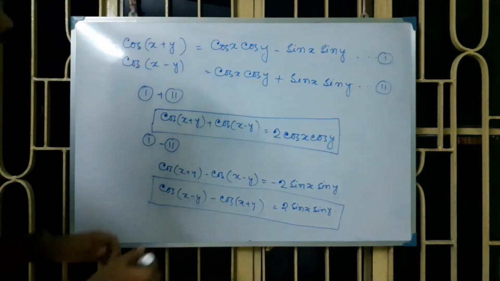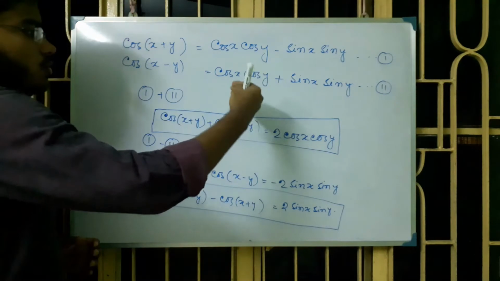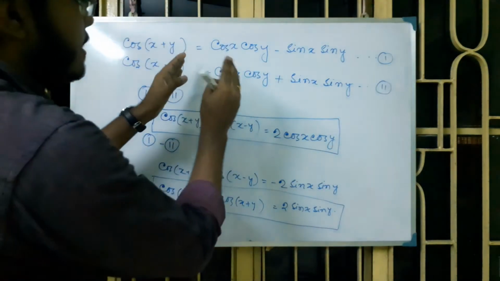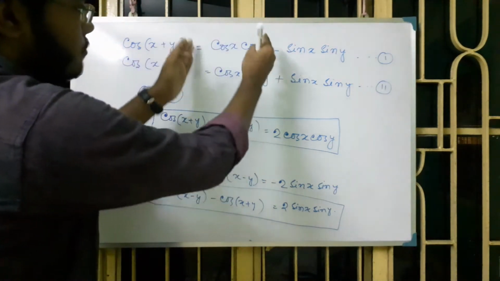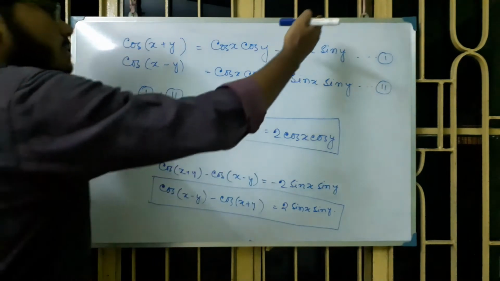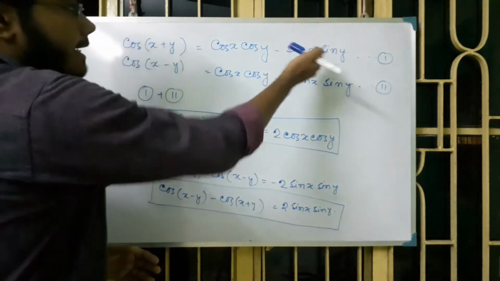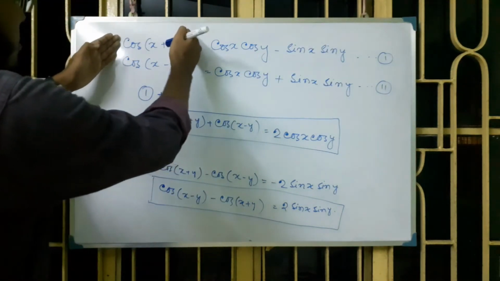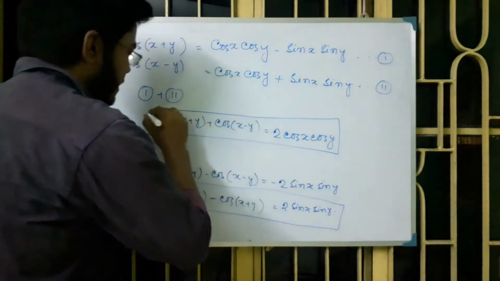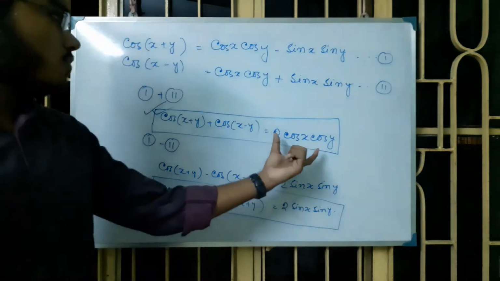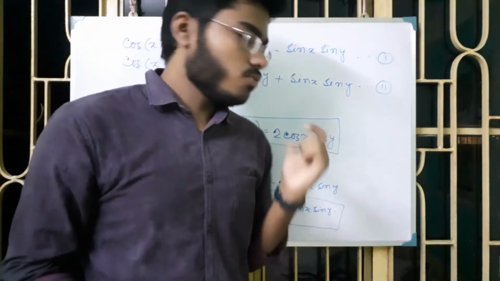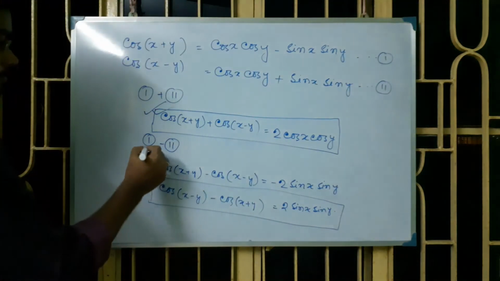So if we want to find 2 cos x cos y, we have to add these two things. If we add them, this will automatically get cancelled and this will be added. In this way we get 2 cos x cos y equals cos(x+y) plus cos(x−y).